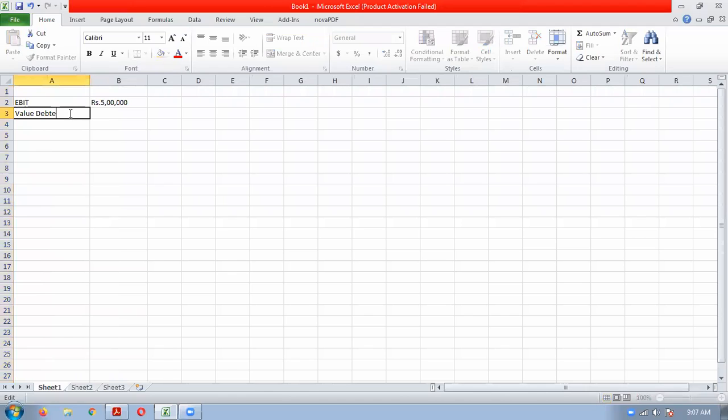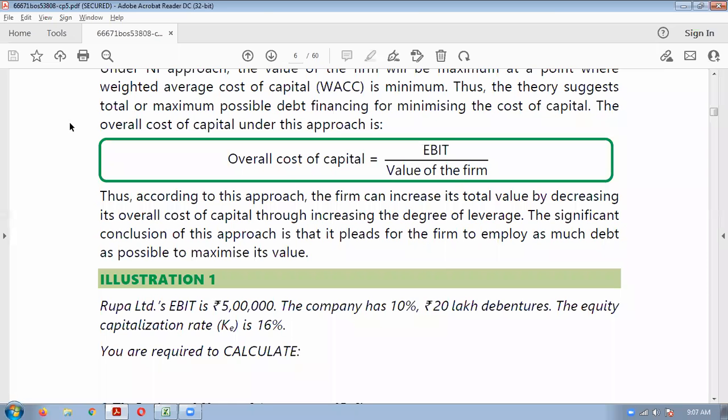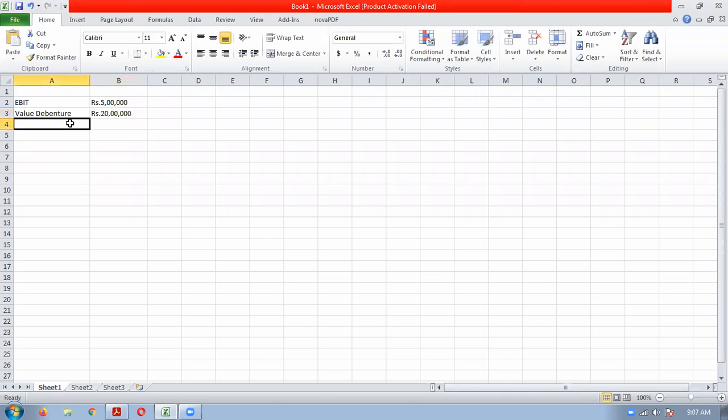Debenture is a debt only. Value of debenture is rupees 20 lakhs. Then KD is given, cost of debt is 10%. KE is given, 16%. So these are the basic details.